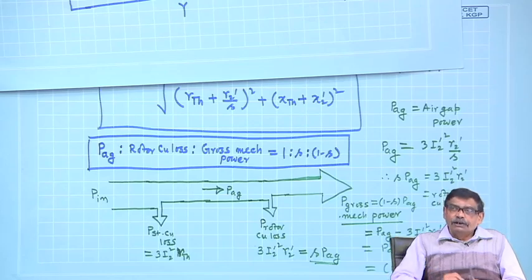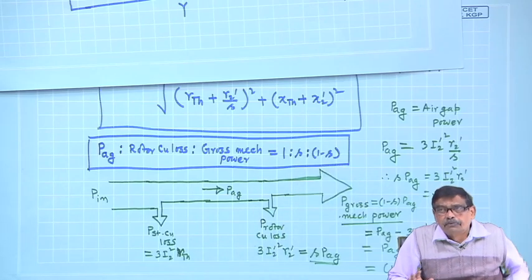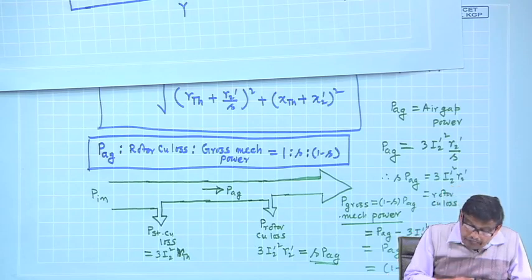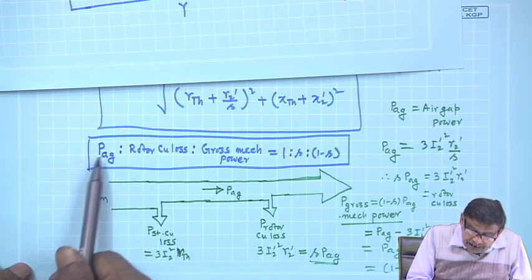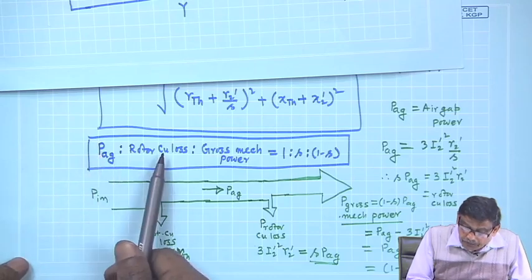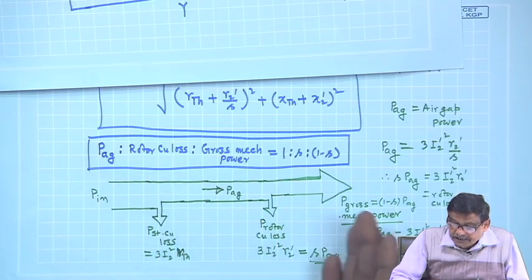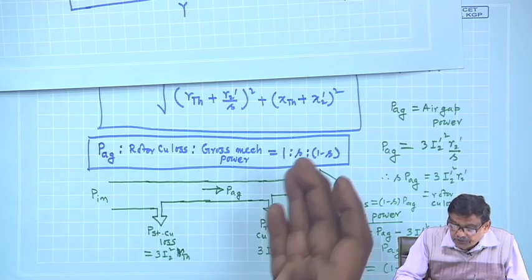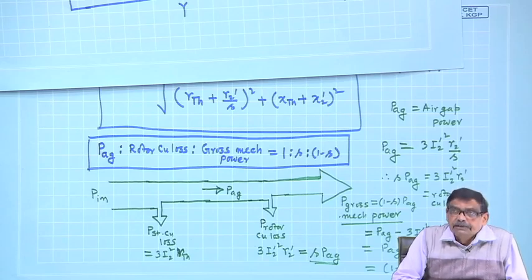If S equal to 1, standstill condition, there is no mechanical power output. But the moment it starts rotating, this air gap power, rotor copper loss and gross mechanical power will be divided in the ratio of 1 is to S is to 1 minus S, where S is the slip at which the machine is operating.